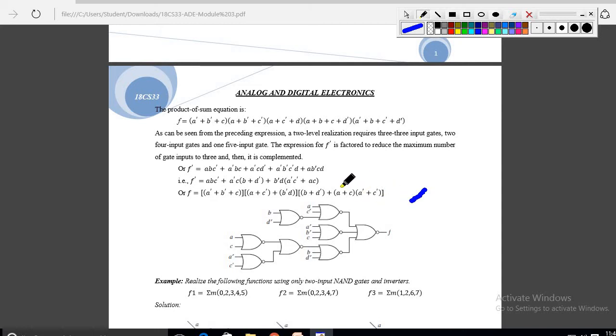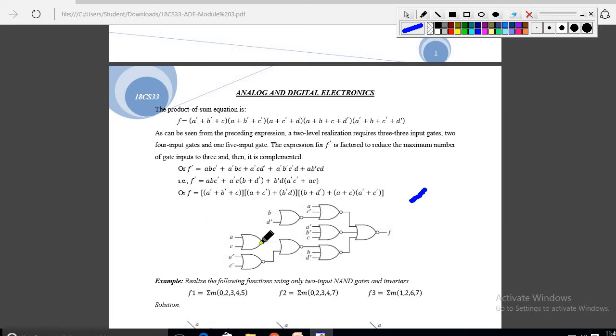See carefully here, A plus C means it is a NOR of A and C. If you want to test this, we have to test the inputs 0 0, 0 1, 1 1, 1 0 like that, and after that we will get this expression as a NOR gate. For that reason, directly I am writing NOR gate.